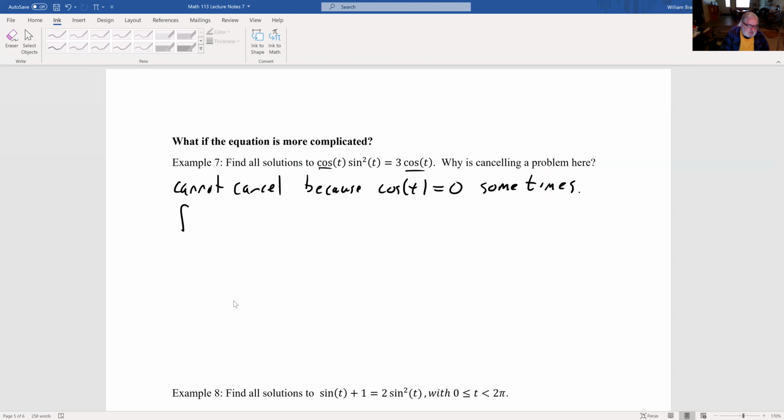Well, we'll factor instead. Usually if you can't cancel, you can factor. We'll bring the 3 cosine t over to the other side. And that gives me that equation. And now I can factor out the cosine t.